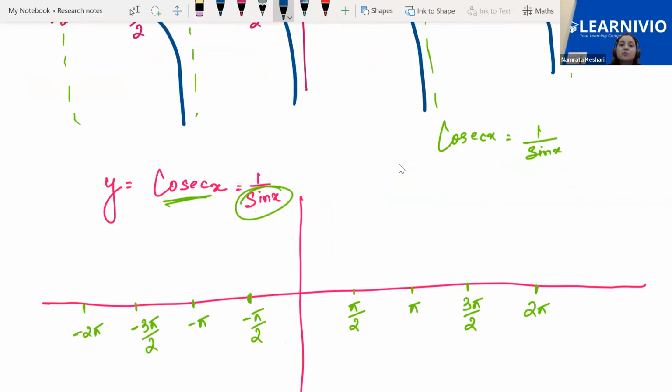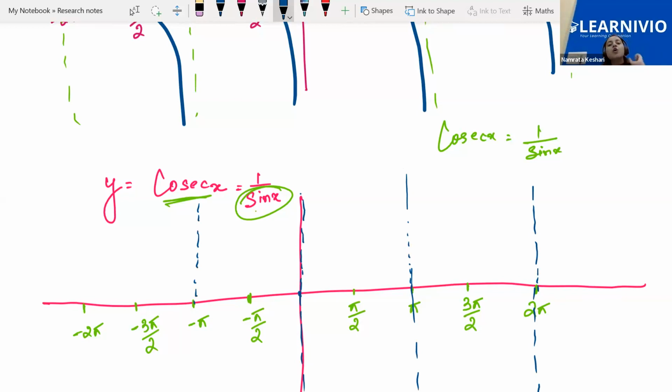Okay, let's mark again. Let's make the dotted line. Sine is 0 at pi also. Sine is 0 at this 0 also. Yes or no? Sine is 0 at 2 pi also. Now we realize that sine is 0 at integral multiples of pi.